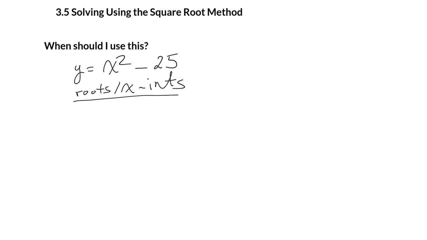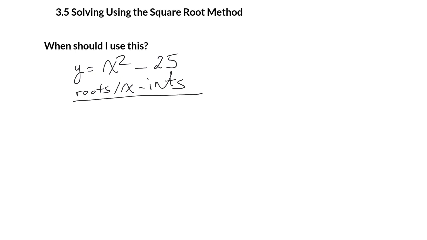Now, here is the reason why we're doing this. The reason why we would use this is if we had an equation like this: y is equal to x squared minus 25. If I ever asked you to find the roots, or otherwise known as the x-intercepts, this is when you would use that.